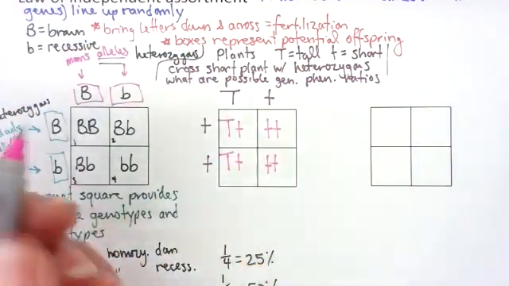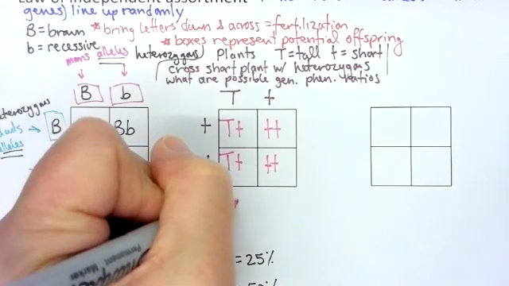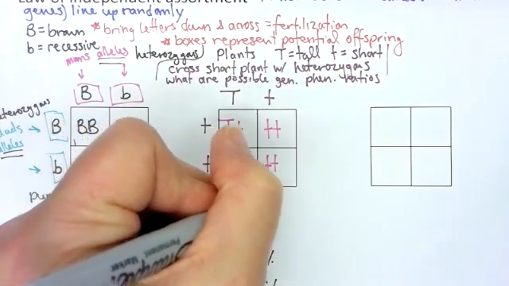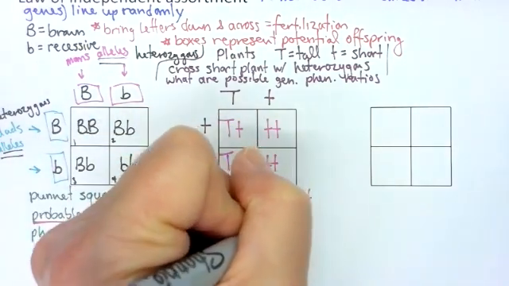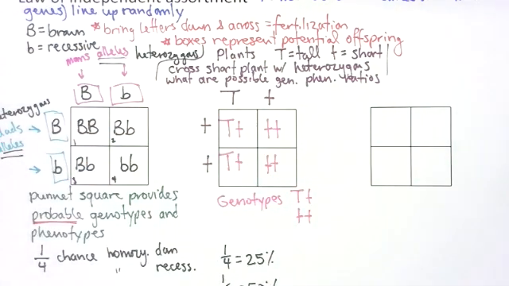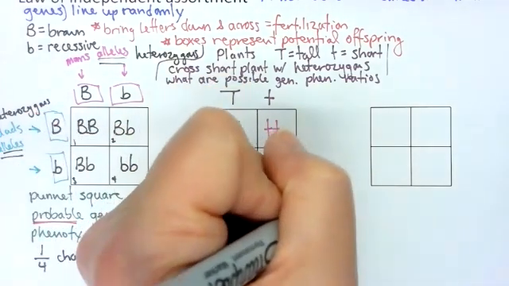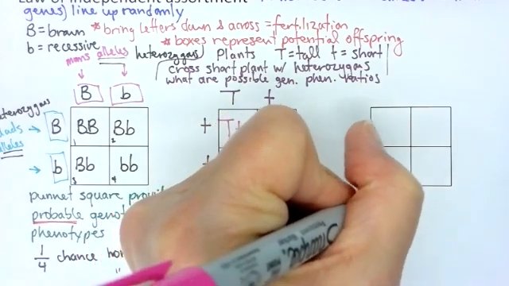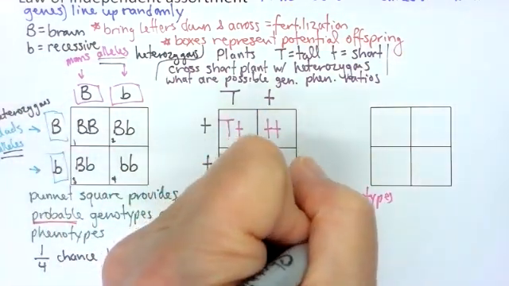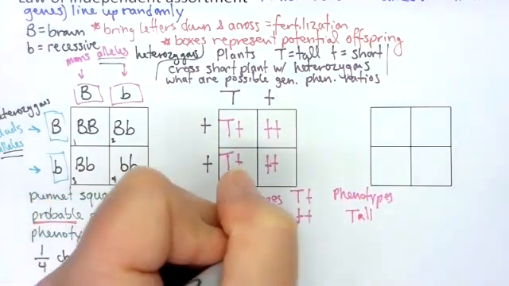So when I look, here are my genotypes. I can be heterozygous, or I can be homozygous recessive. And for my phenotypes, I would be tall, or I could be short.